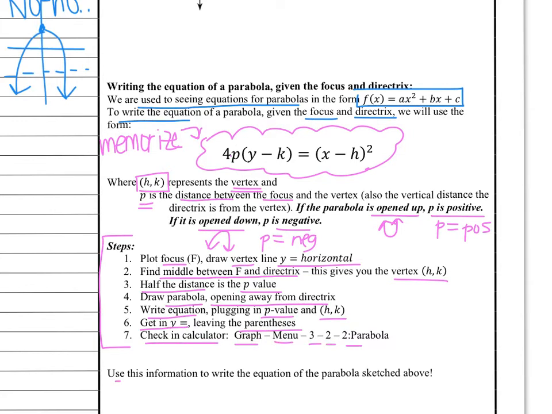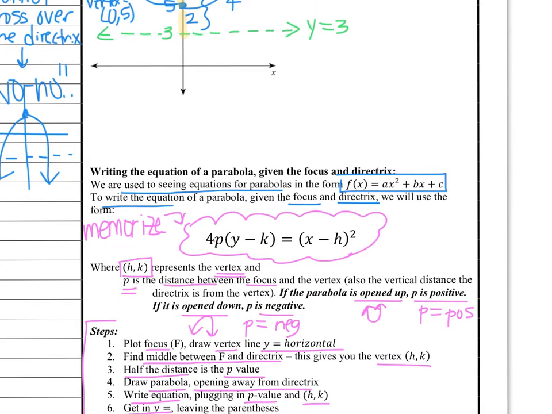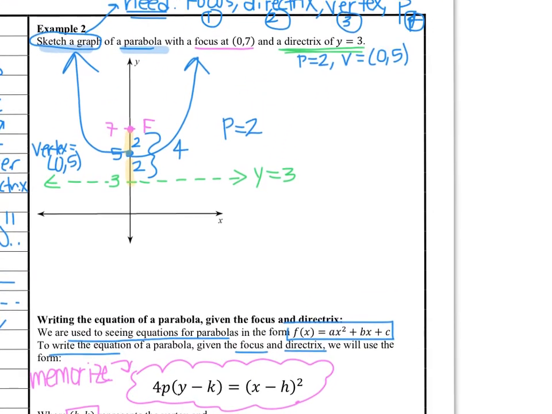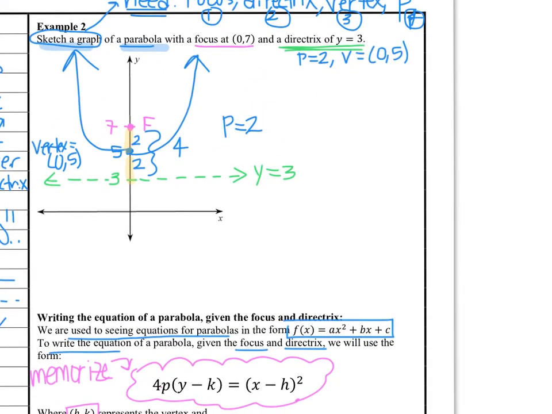Okay, so now we're going to use this information to write the equation of the parabola that we sketched up above. So I'm going to copy down the formula and get you in the habit of using it to start. 4p, parentheses y minus k, equals parentheses x minus h squared.